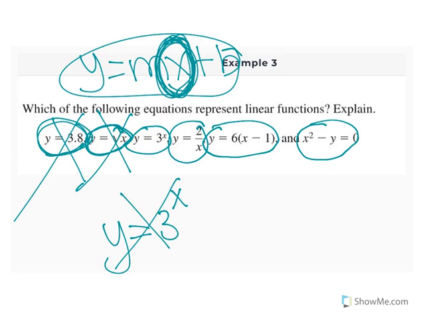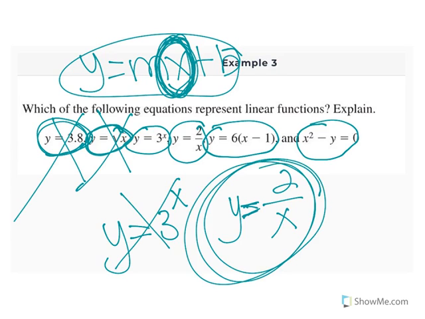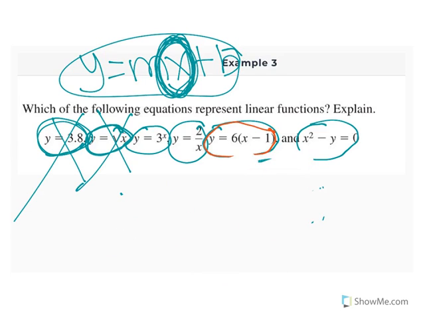Now here, this says y equals 2 divided by x. Well, it's a fraction, and we don't like fractions, but that's not weird, right? That's not some crazy thing that we don't know how to deal with. And so we can say that is linear. I'm going to change my pen color maybe. So here we now have, I'm going to erase some of this stuff too.